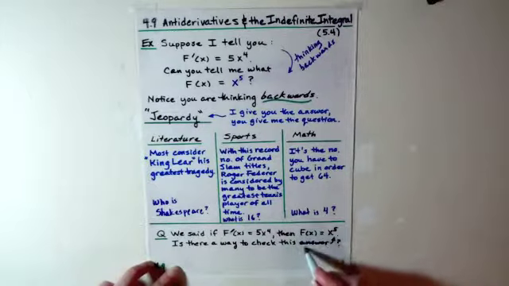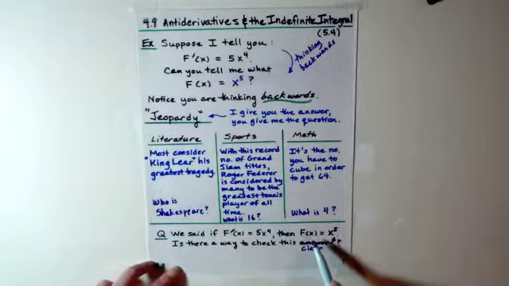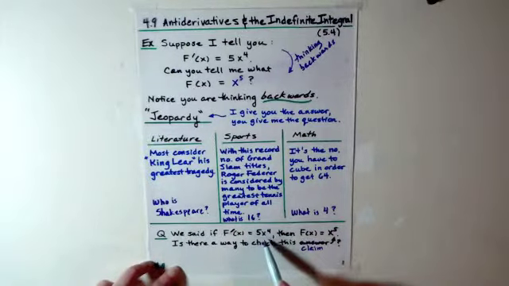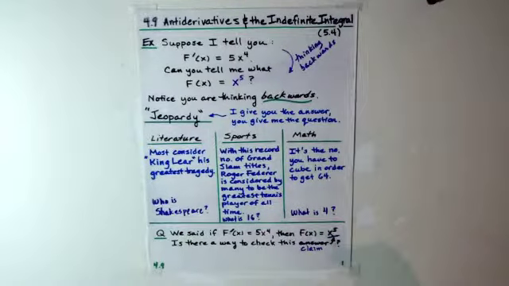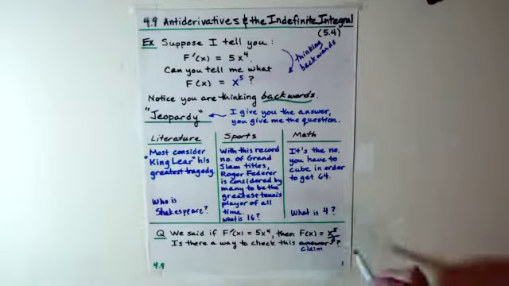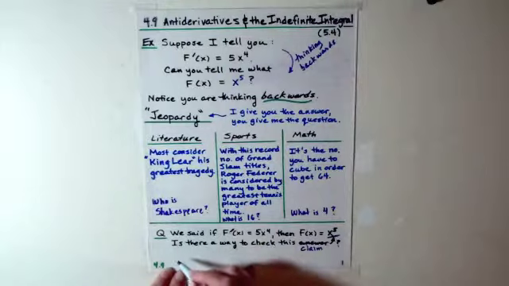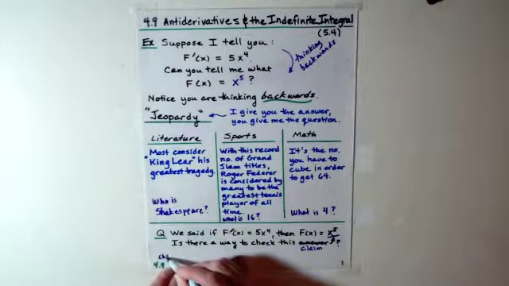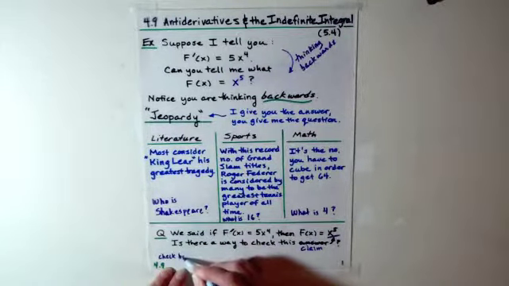Maybe I'll call it a claim. So I claim that the function whose derivative is 5x to the fourth is x to the fifth. And is there a way that I can check that claim? There is. I can go ahead and differentiate. So we can always check by going back and differentiating.